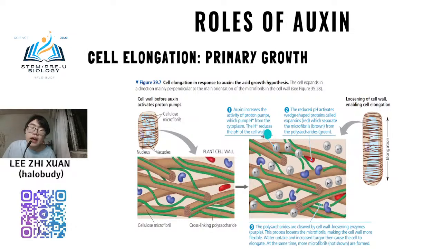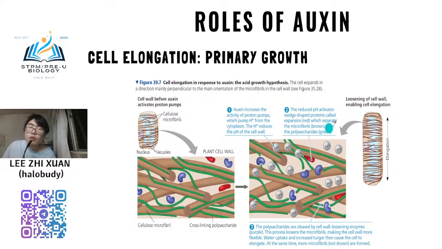The hydrogen ions will reduce the pH of the cell wall, meaning that the cell wall is more acidic. Since the cell wall is acidic, it will activate the protein called expansin, the red one, expansin.